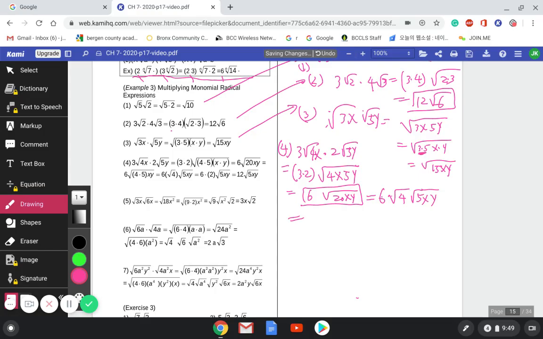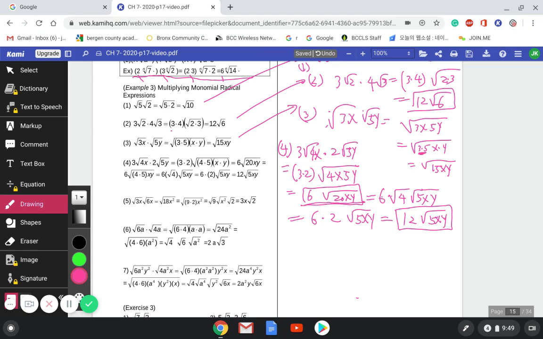So you end up with a 6 with a 2 square root of 5xy, and 12 square root of 5xy would be the final answer of a simplest form instead of a 6 square root of 20xy.